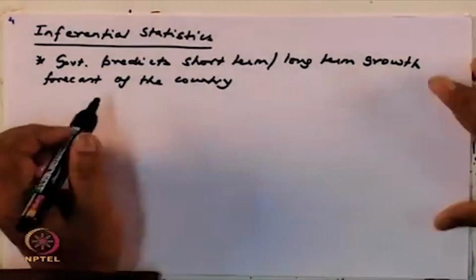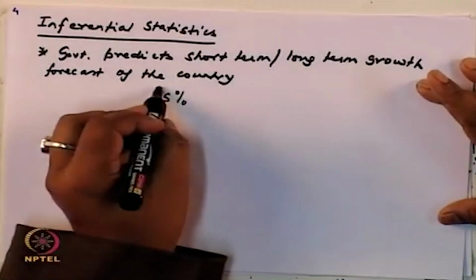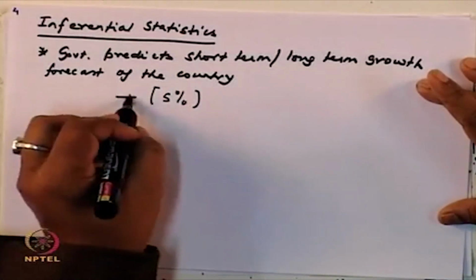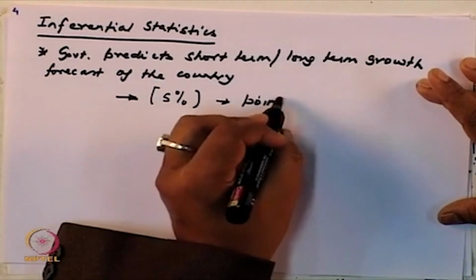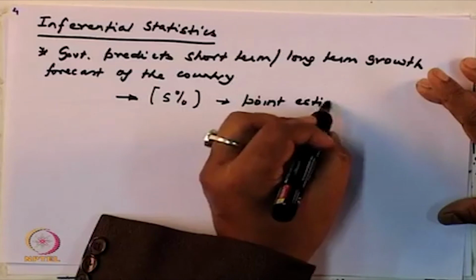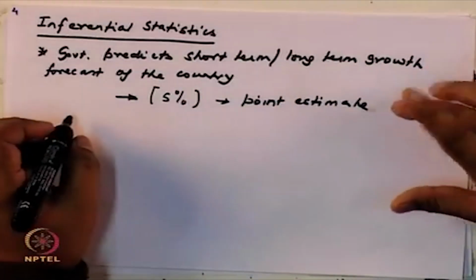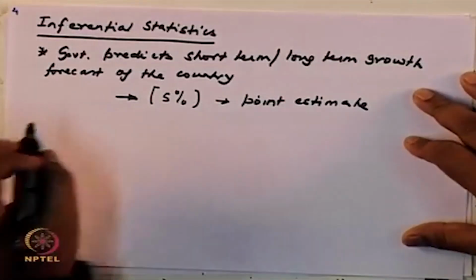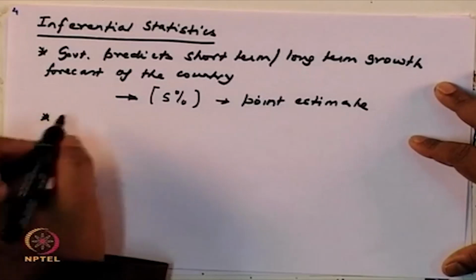So this might be, let us say, that the GDP will grow at 5%, at 7%, and so on and so forth. So here you have what is called a point estimate. That means the statistics is used to predict a single value, versus, let us say, you can estimate.